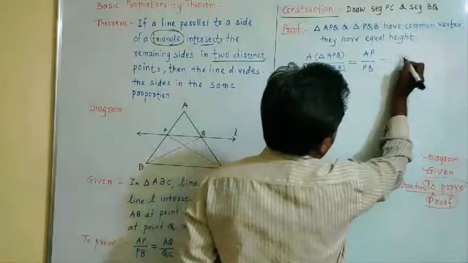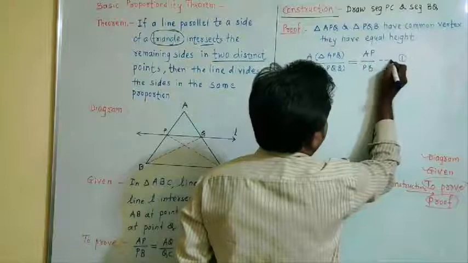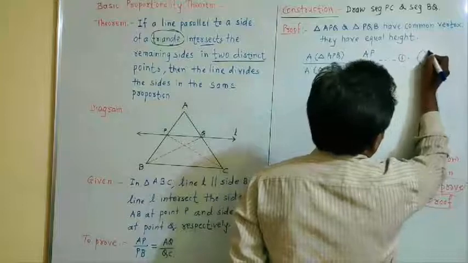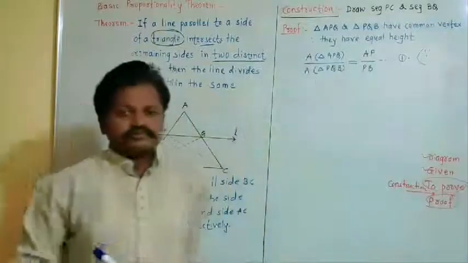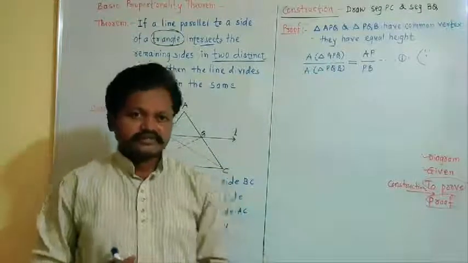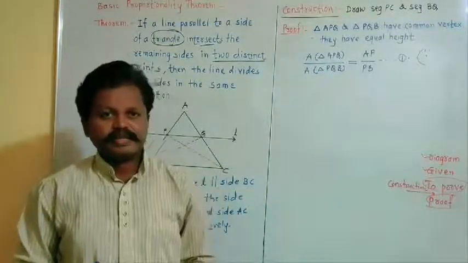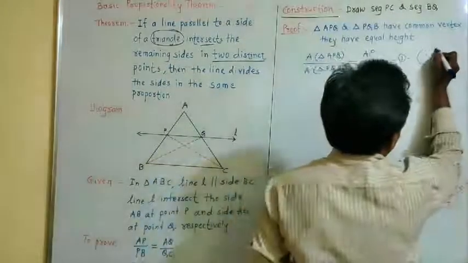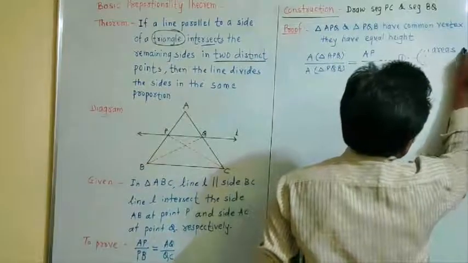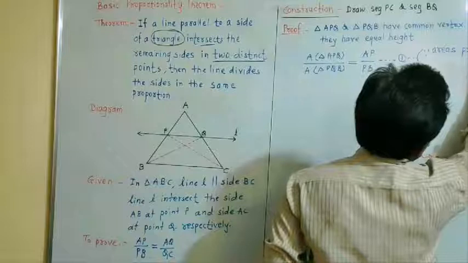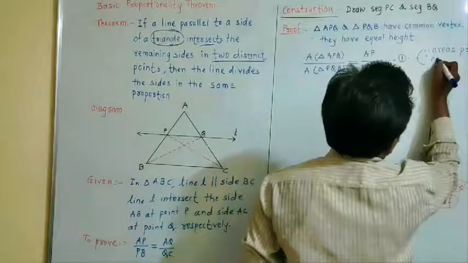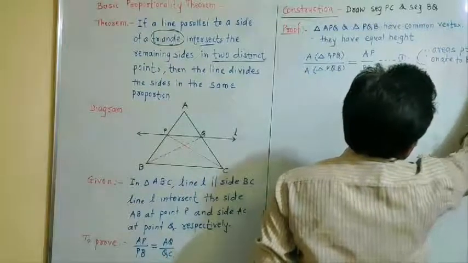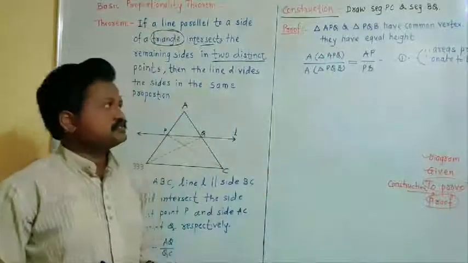This is our first statement. For this statement you write the reason: these two triangles have equal height, so areas are proportional to base.